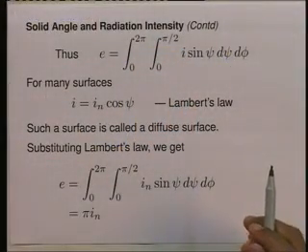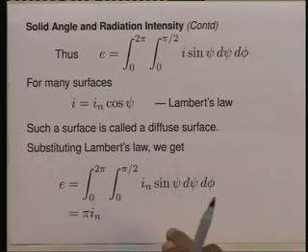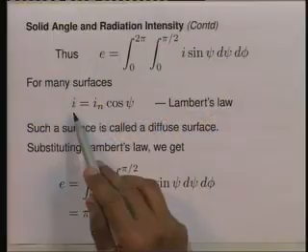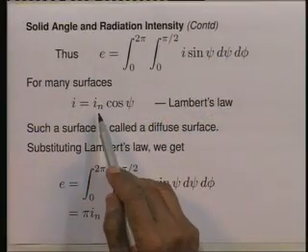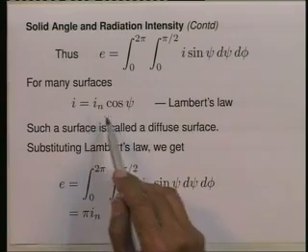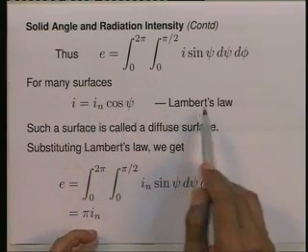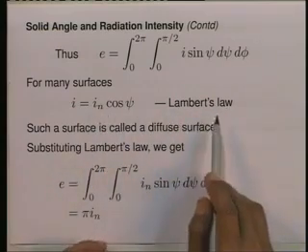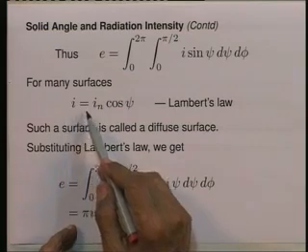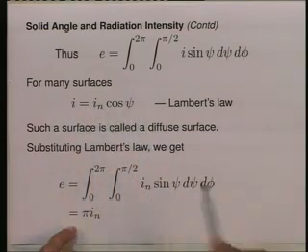Now, it so happens that for many surfaces, the intensity of radiation in any direction can be related to the intensity in the normal direction by a simple law called Lambert's law. Lambert's law says I is equal to I n cosine of psi.